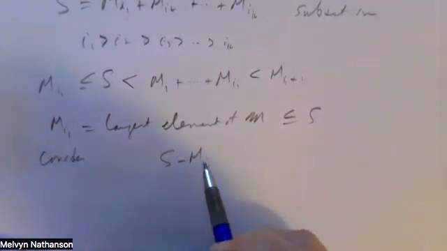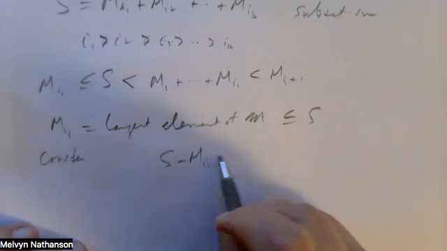So then I consider S minus M sub I1. So this is M sub I2 up to M sub I sub K. And by the previous argument, M sub I sub 2 is the largest element of M less than or equal to M sub I sub 1.